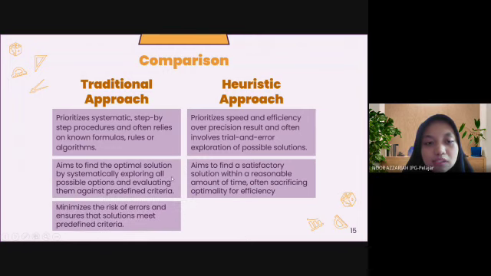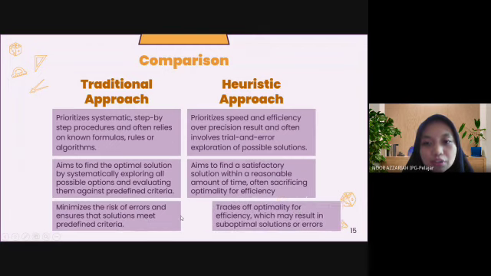Last but not least, the traditional approach minimizes the risk of errors and ensures that solutions meet predefined criteria, while the heuristic approach trades off optimality for efficiency, which may result in suboptimal solutions or errors.